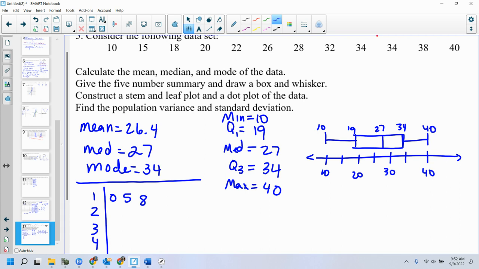In my 20s, 0, 2, 6, 8, and then a 2, 4, 4, 8, and then just a 40. Make sure, people lost points for not putting the key, so just pick one, like 18. 1, 8 is 18.